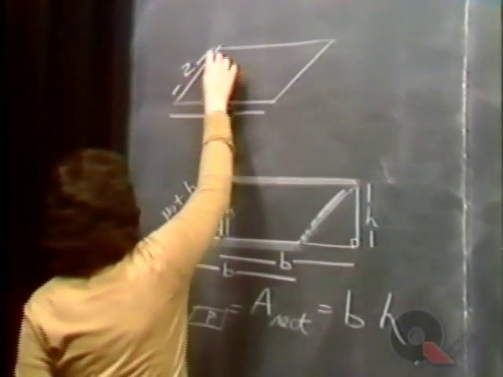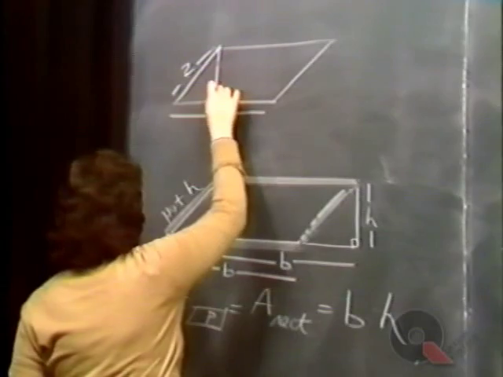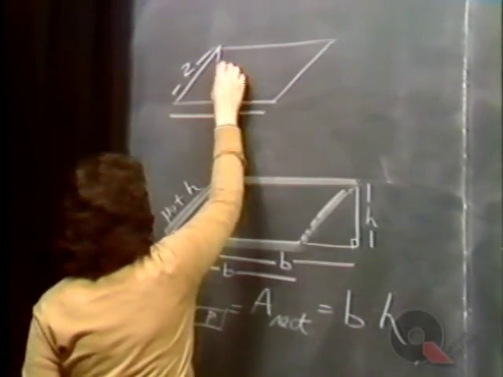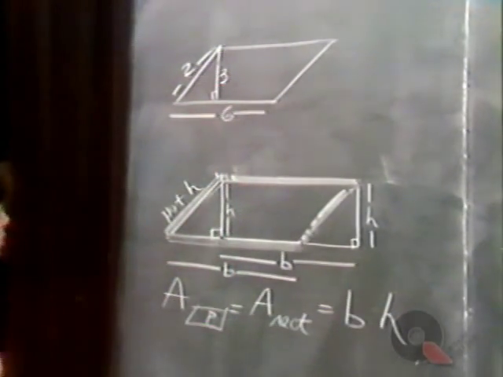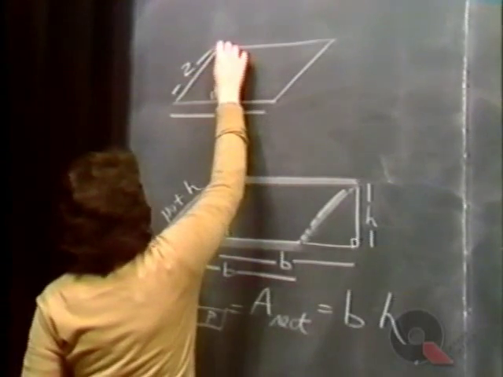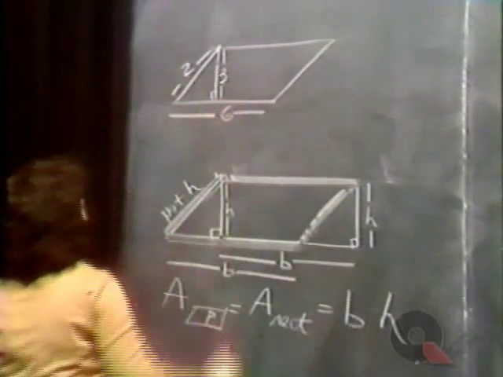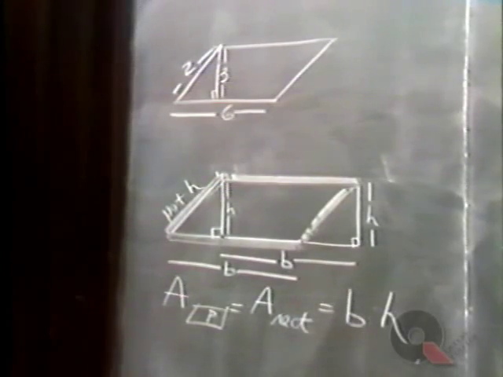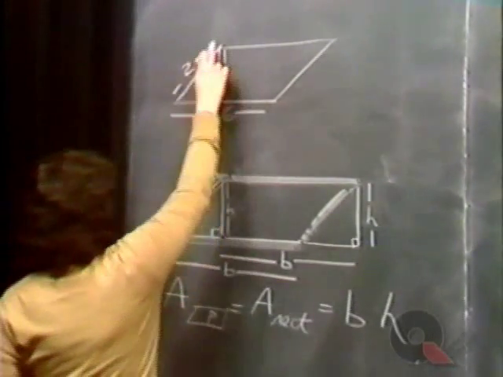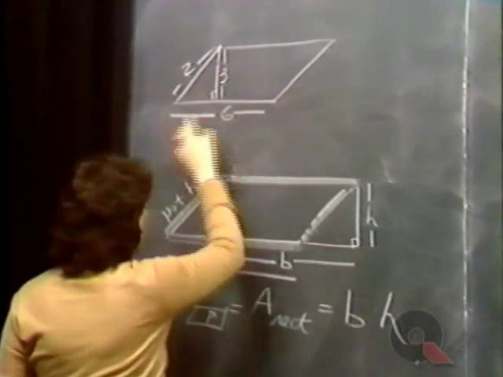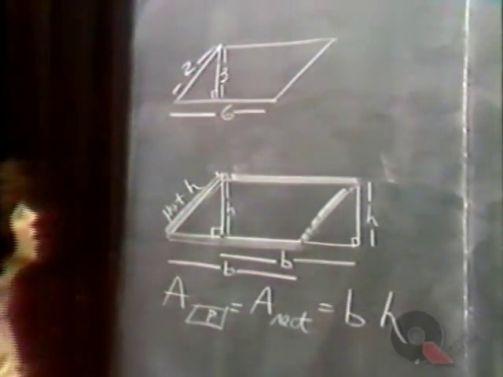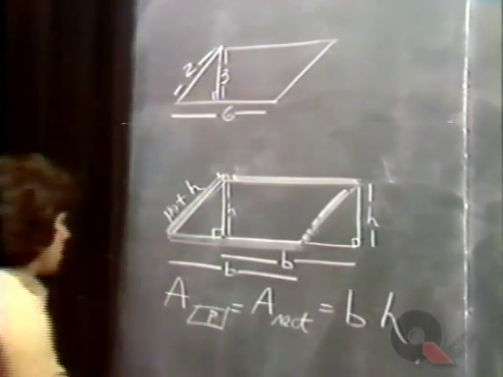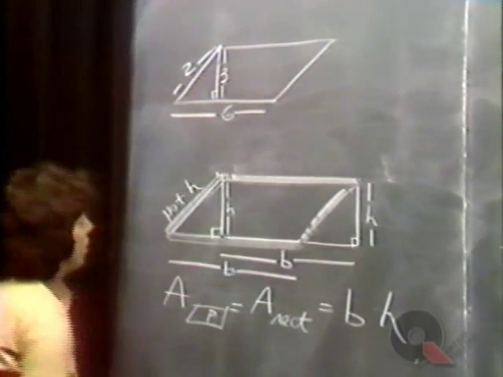And the perpendicular distance between the sides is 3. Okay, we have a parallelogram. The length of this side is 2. The length of this side is 6. The perpendicular distance between the sides is 3. And I want both the area and the perimeter.